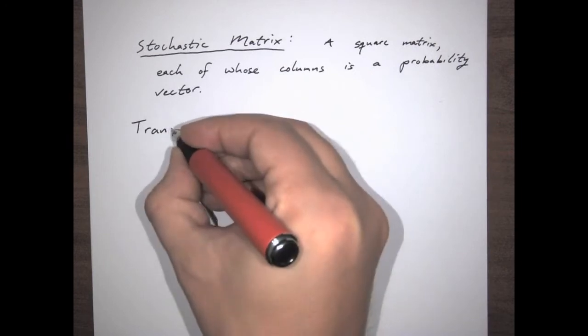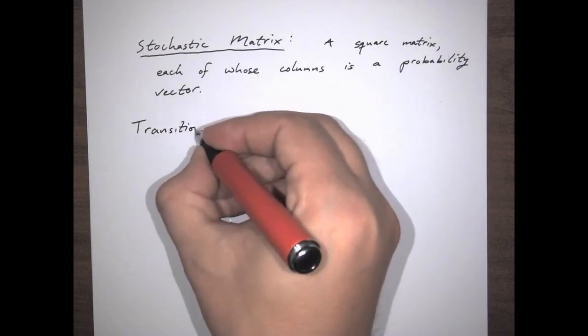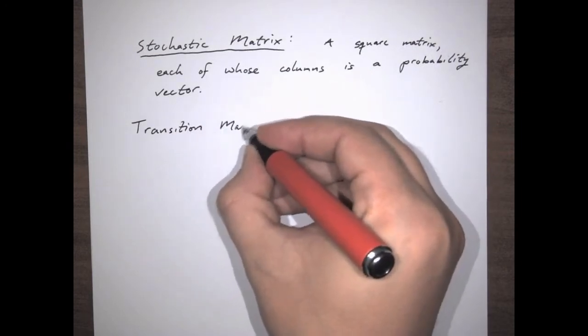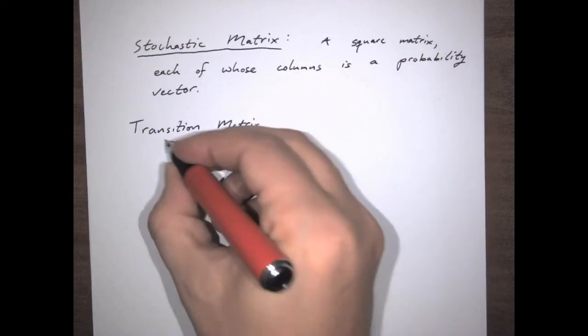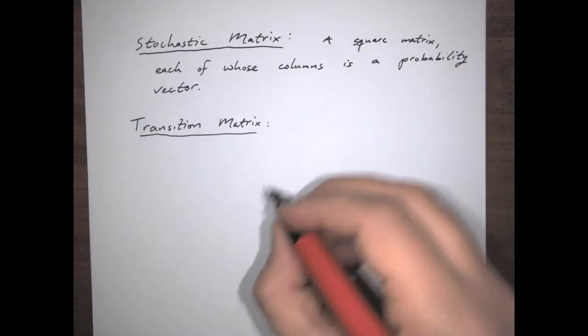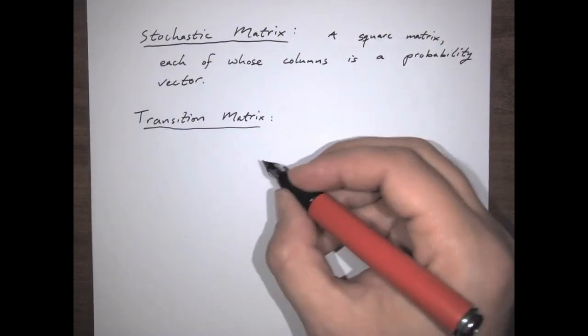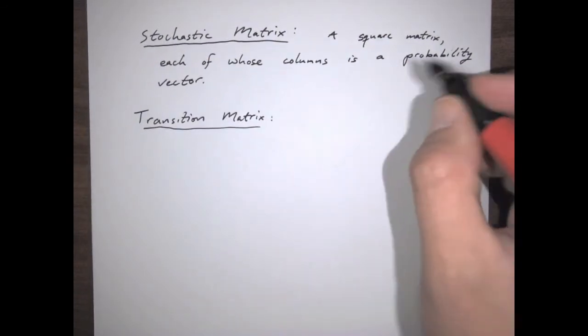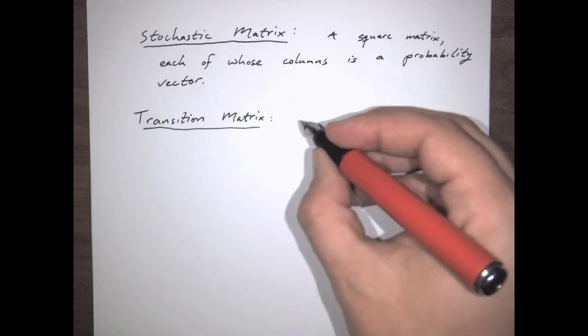All right. Now, transition matrix. This is specifically a stochastic matrix that's being used to represent the transitions between one category and another of our population.